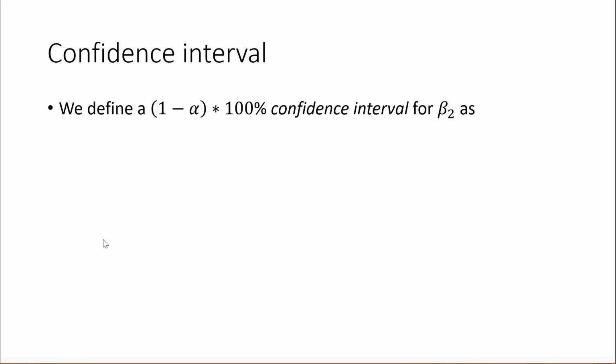Correspondingly, a level of significance of 1% would correspond to a 99% confidence interval. The interval is formed with B2 at the center. To B2 we add plus minus the critical value times the standard error of B2. And it can be shown that this interval will contain beta 2 with a 95% probability if alpha is 5%, and correspondingly for other values of alpha.